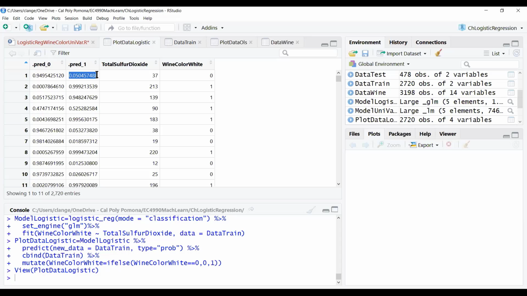That means it's a red wine, because the probability of being white is lower than 0.5. And indeed, it was a red wine. This is what we use here. This is kind of redundant information, because if the chance of being a white wine is 5%, then the chance of being 0, being a red wine, is obviously 95%.